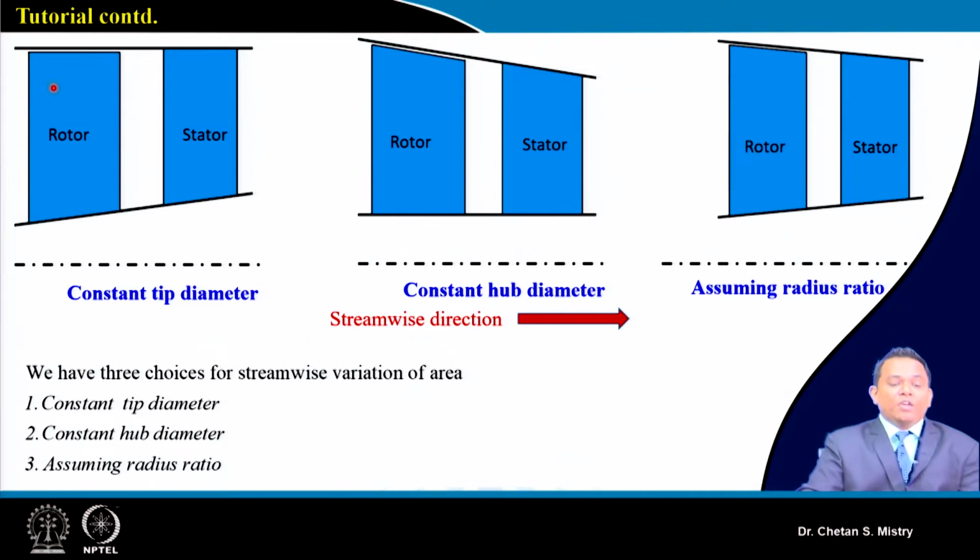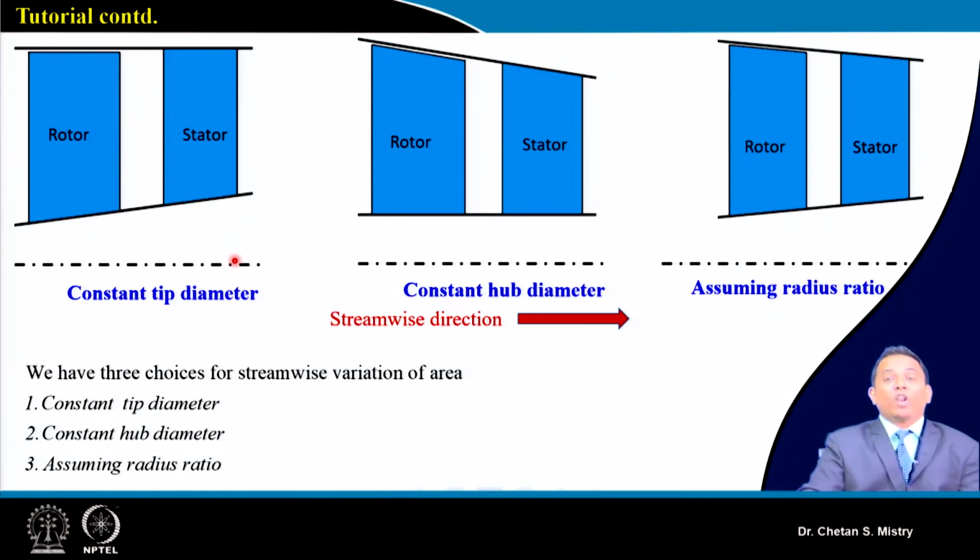When we have a constant tip diameter configuration, the tip stays constant, so along the streamwise direction my hub radius is going to increase.